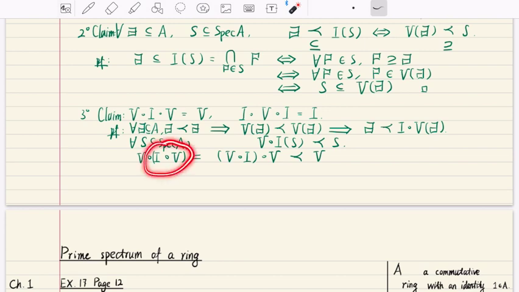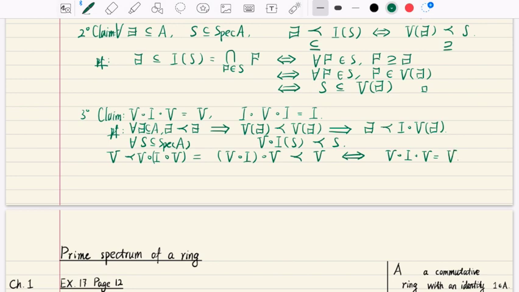But if we look at the composition in this way, we can use this inequality, which means that this one is bigger than V. So we have the composition of three is equal to just one of them. Similarly, we have the composition I, then V, and then I equals I. That is the proof of this claim.